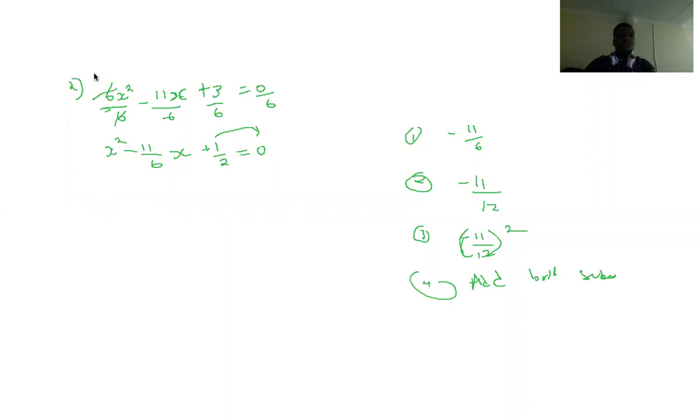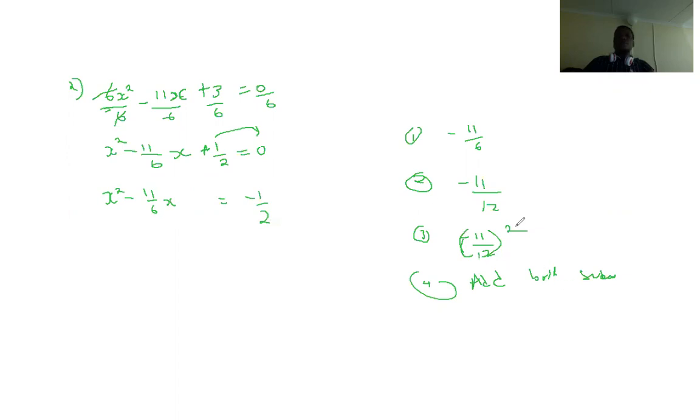The best way you can do this so that you don't confuse yourself on where to add is, before you add this guy, you take this one to the other side. So you have x squared minus 11 over 6x, then you take it to the other side and you have negative half.